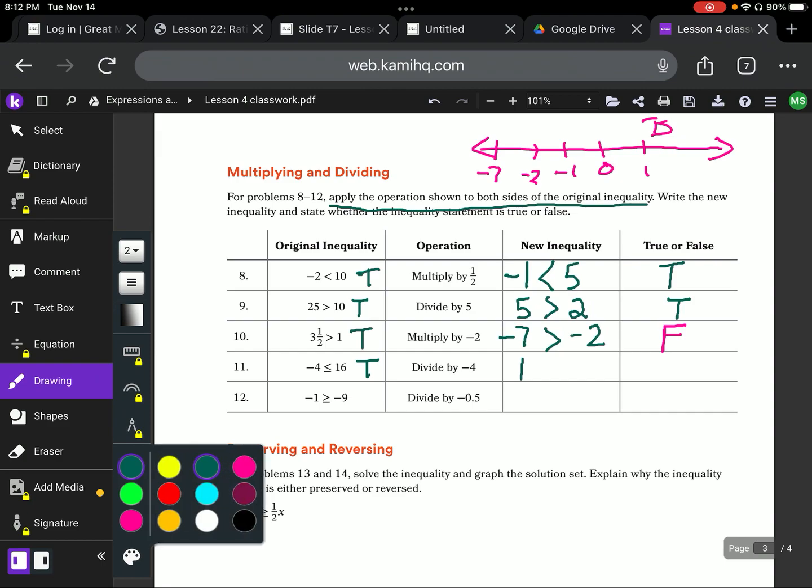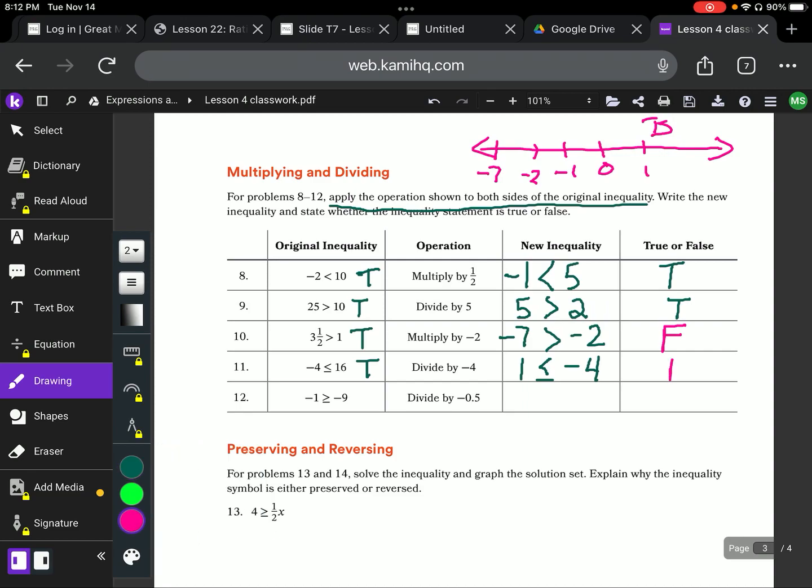So -4 divided by -4 is 1. Is 1 less than or equal to, dividing 16 by -4, a negative divided by a positive is negative, -4? Is 1 less than or equal to -4? No, it is not.